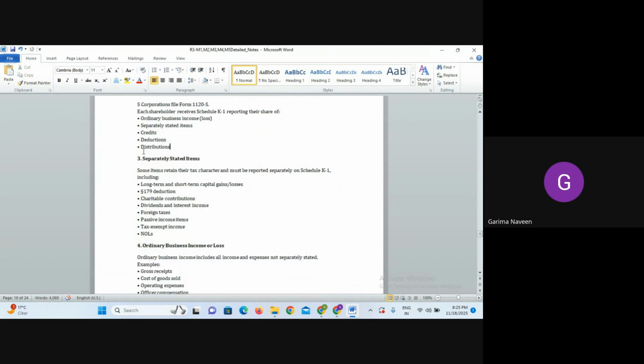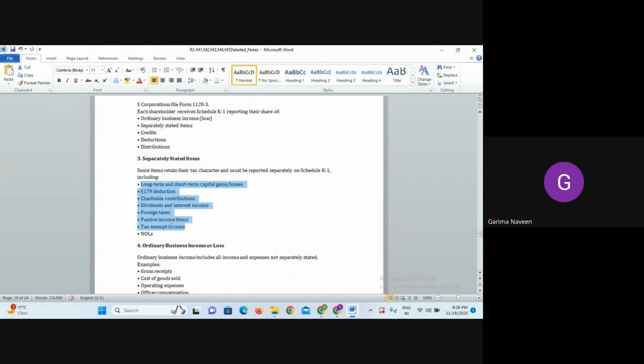So we have some ordinary income items and some separately stated items. Ordinary income is whatever income an S corporation earns from its ordinary business. Separately stated items are those which have a special treatment on the individual tax returns, like capital gains and losses, Section 179 deductions, and charitable contributions.